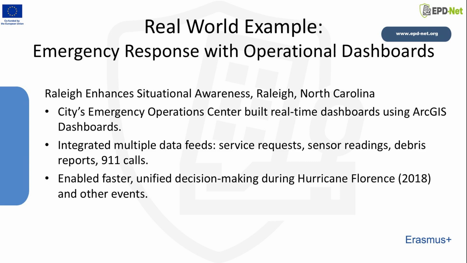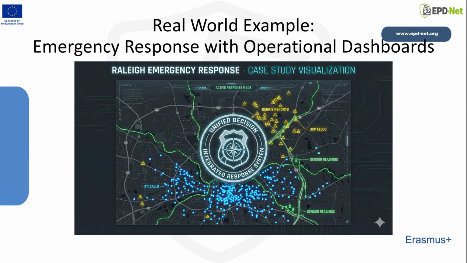During Hurricane Florence, for example, instead of checking scattered files and maps, teams could monitor everything in a unified view, making faster and more coordinated decisions. Raleigh shows us that when key information is shared instantly, agencies operate with clarity instead of confusion. GIS becomes the backbone of efficient, real-time disaster response.